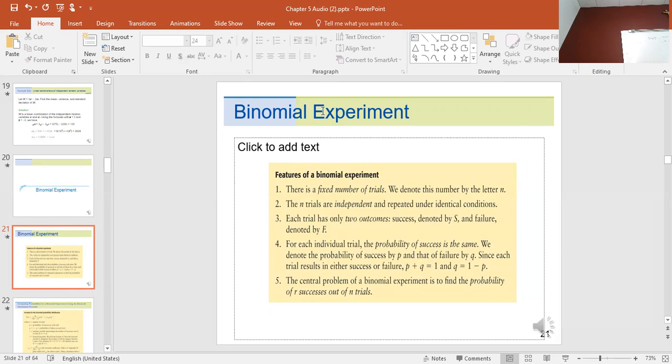Let success be having a number less than 3. Then n equals 6, and p equals 1 over 3. Like when you roll a die, the probability of getting a number less than 3 is 1 over 3. So each time we have a binomial distribution, we want to know how many trials we have and what the probability of success is.